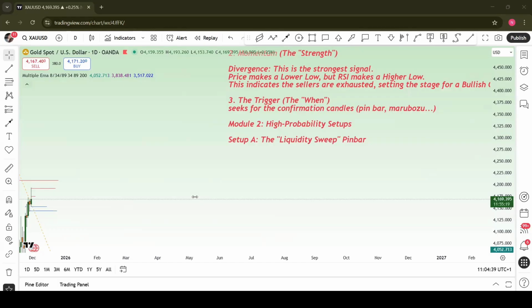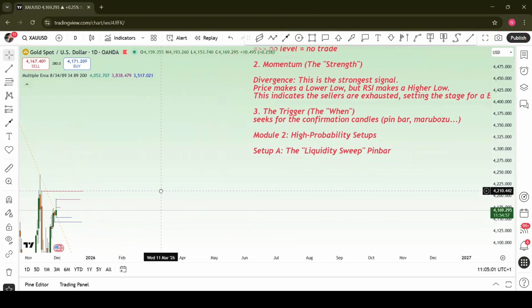Entering at the close ruins your risk-reward ratio, so you should place a buy limit at 50% of the pin bar's tail, with a stop loss around 50 pips or below the tail's wick. For the take profit, you can set the target at the next major resistance structure. And that is the theory.